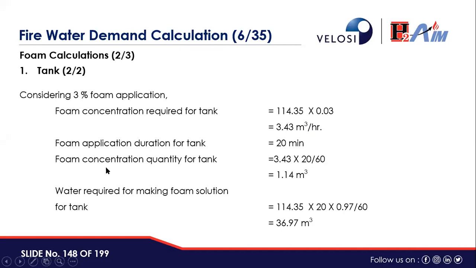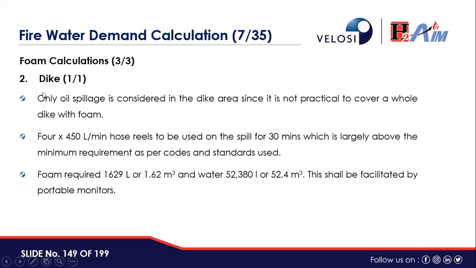So we can calculate the foam concentrate quantity for the tank, which is 1.14 cubic meter. The water required for making foam solution for the tank is this one, which is 36.97 cubic meter.